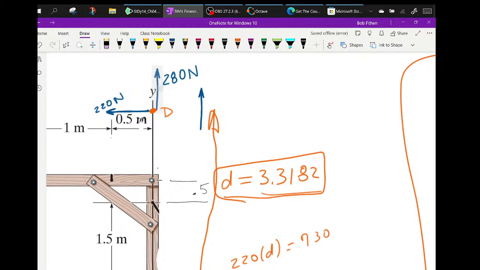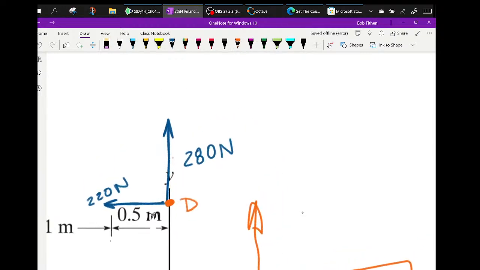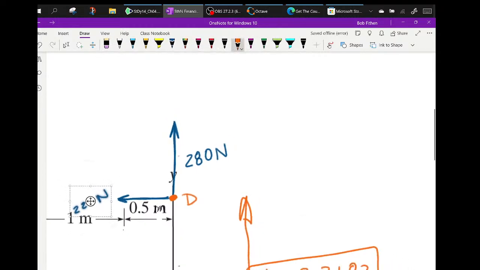Technically, maybe this vector needs to be a little longer because that's 220. Maybe make this about 280. Now, move this out to the side and you'll see why I'm doing that in a second.